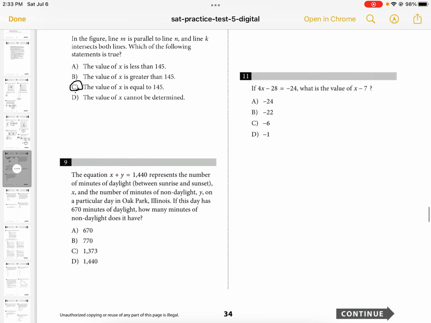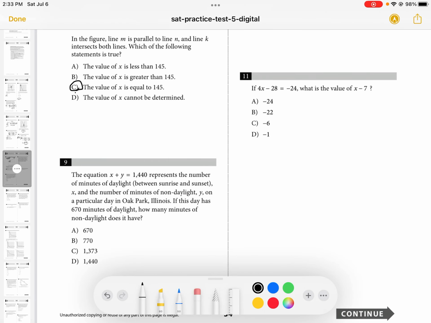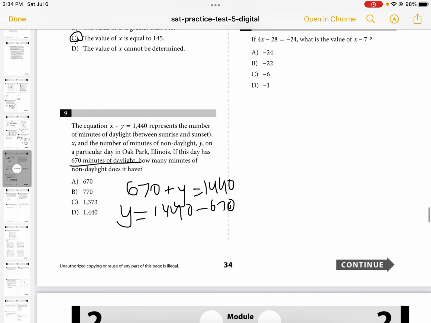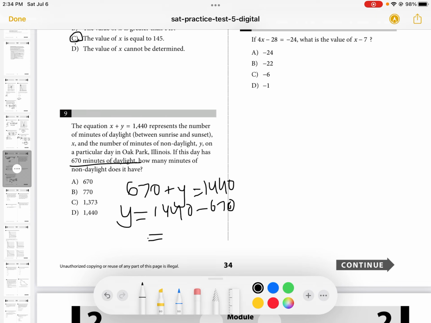Alright, so basically the last sentence tells us that our x value is 670. So 670 plus y is equal to 1440. Now you just have to subtract: y equals 1440 minus 670, which is equal to 770, and that's our answer.